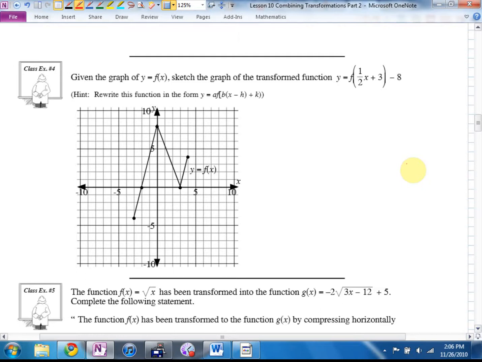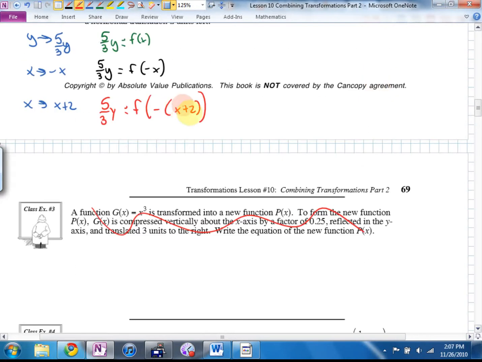That order only works if inside the function, if you have a coefficient in front of the x, everything is factored. In other words, I need brackets here, much like that. If I don't have brackets, if I have the number in front distributed, the order no longer works.